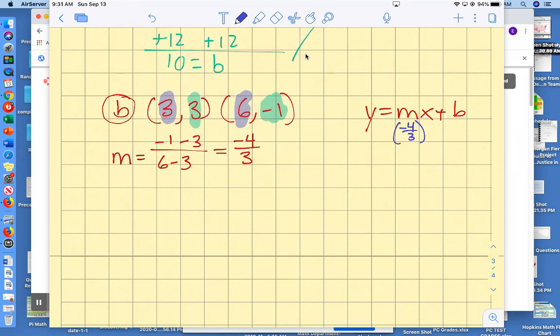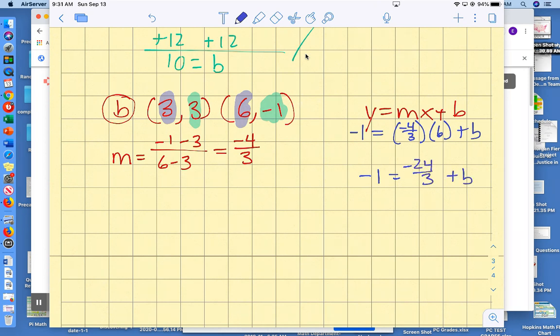And now it's just like the problem above, and it doesn't matter what coordinates. Maybe I want to use the 6 and the -1 for the x and y. So I can plug in: -1 equals our m times 6 plus b. So we have -1 equals, let's see, that'd be -4 times 6, so -24 over 3 plus b.